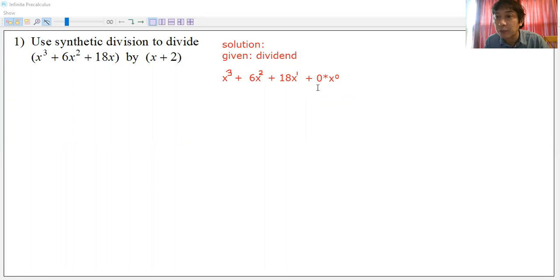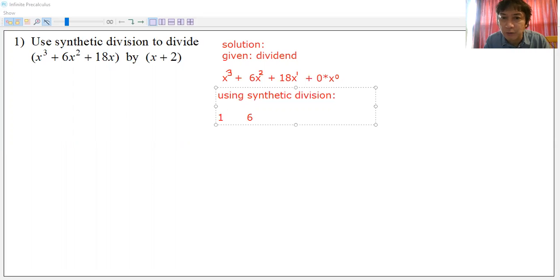Now, if you try to set up using synthetic division, we're going to list, according to the arrangement, the coefficients. The coefficient of the x cubed is 1, then the coefficient of the x squared is 6.